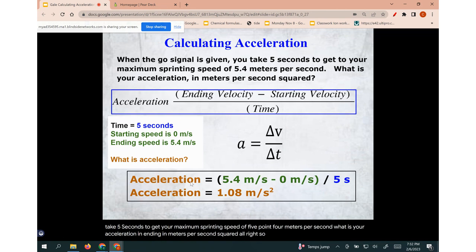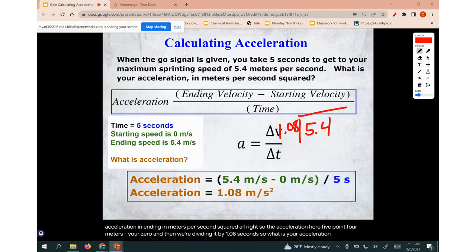All right, so the acceleration here, 5.4 meters per second minus your 0, and then we're dividing it by 1.08 seconds. So what is your acceleration?